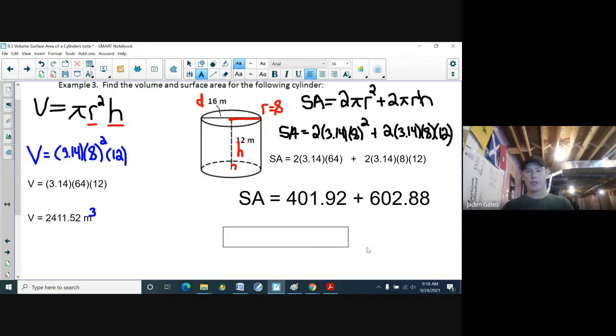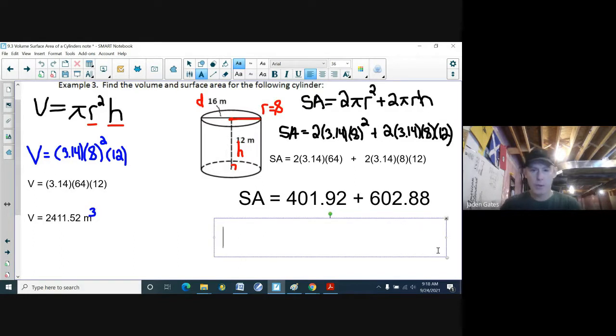There we go. Now, we're not done yet, because the last part of Bedmas is addition and subtraction, and we do have some addition here. We're going to add those 2 numbers, and it looks like it's going to be 1,000 and something. I'm not sure yet. So I take my 401.92, I add my 602.88, and yeah, I get 1,000 and something here. I get 1,004.8.